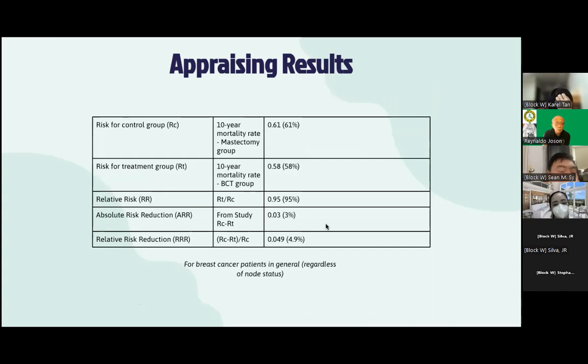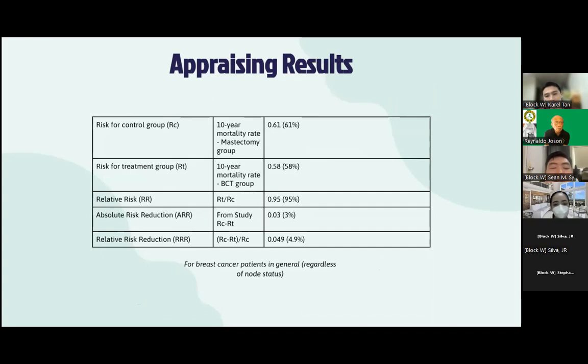Applying the statistical protocol proposed by Peñas EBM, again by Dr. Dance, the risk for the control group was 61%, which is the 10-year mortality rate of the mastectomy group, while the risk for the treatment group is 58%, which is the 10-year mortality rate of the BCT group.